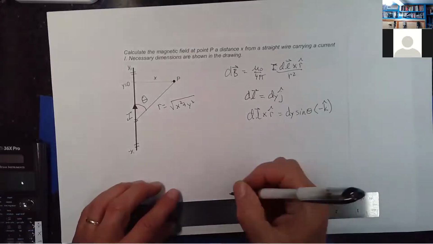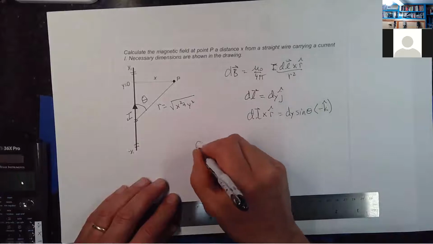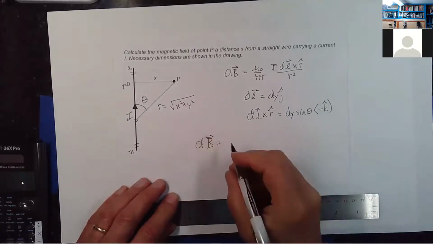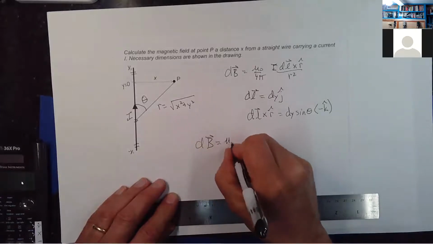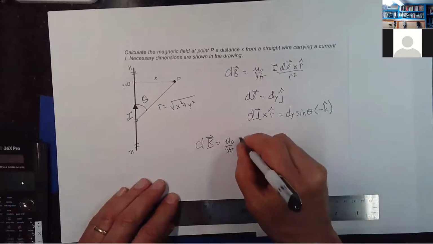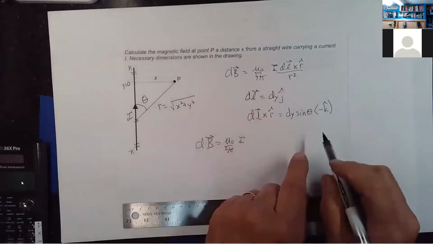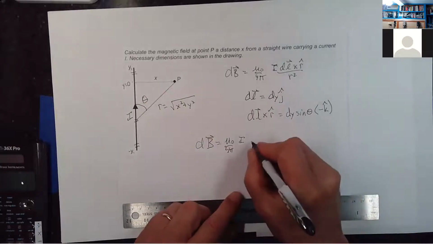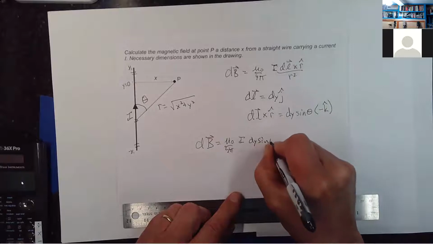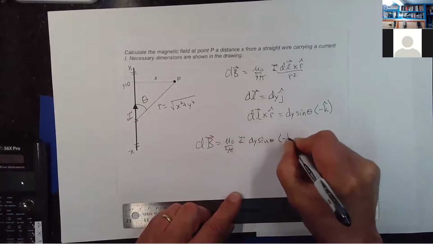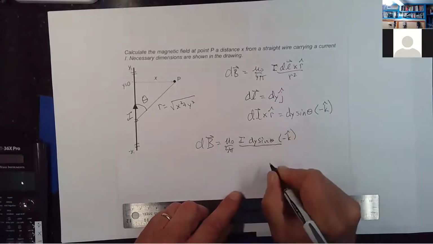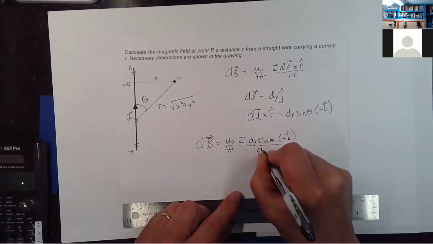Other things we might need. We can now express dB a little bit differently. It'll be mu naught over 4 pi times I, and the dl cross r hat ends up being dy sine theta in the minus k hat direction. Then on the bottom, we've got r squared.